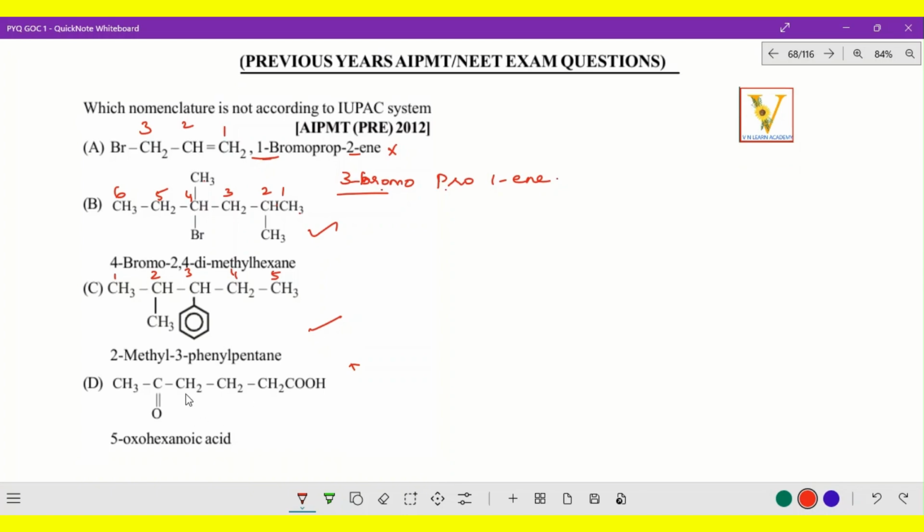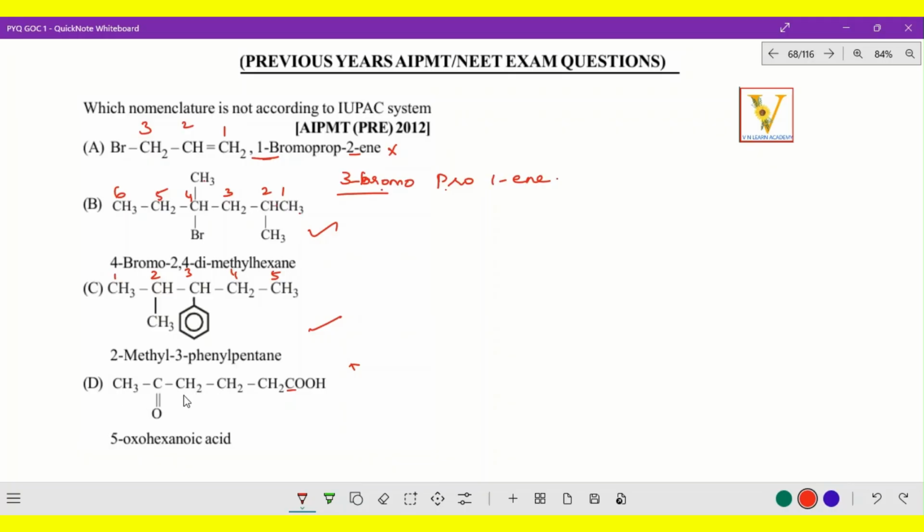And the last one: CH3 C(=O) CH2 CH2 CH2 COOH. How many carbons are there? 1, 2, 3, 4, 5, 6. There are 6 carbons, and even the functional group carbon is included. The keto group is mentioned as oxo in the IUPAC system.